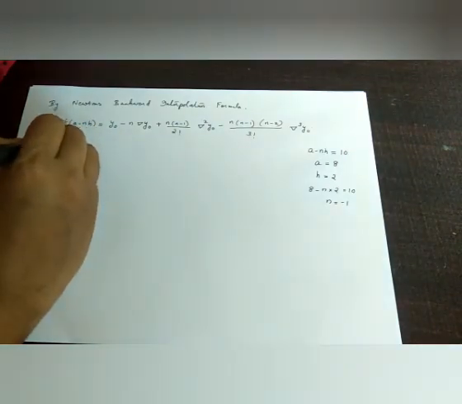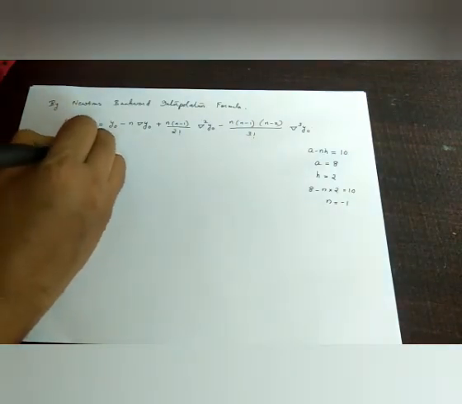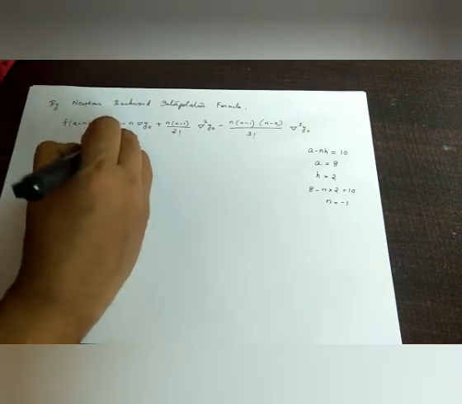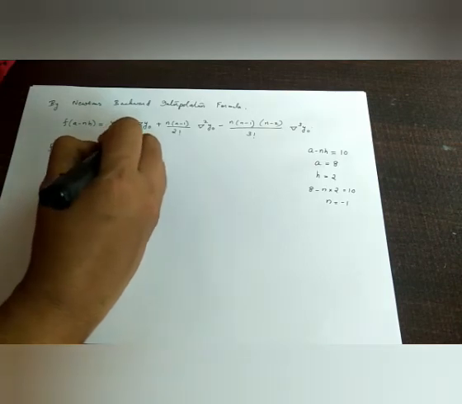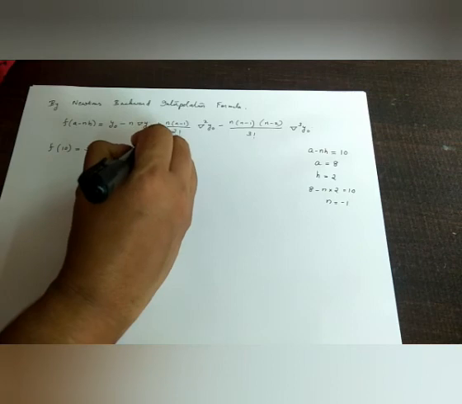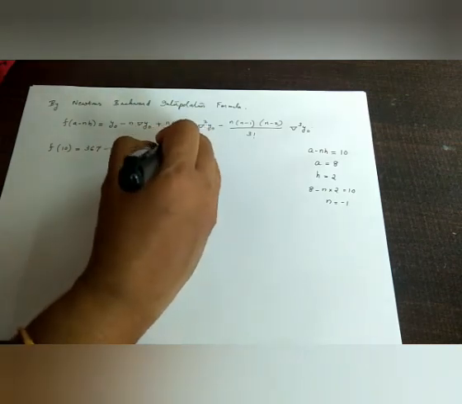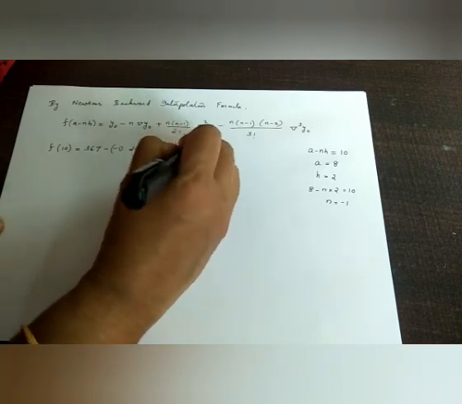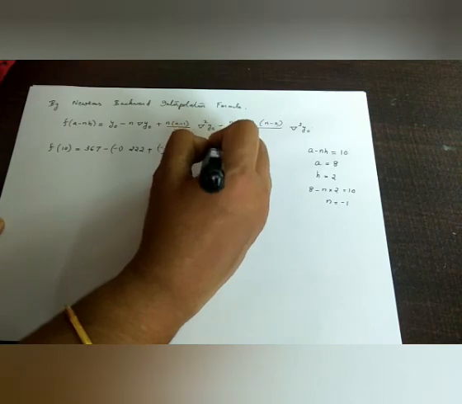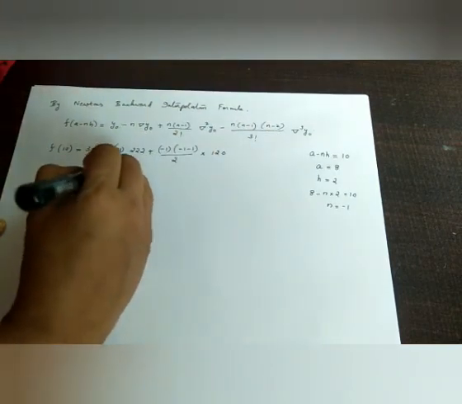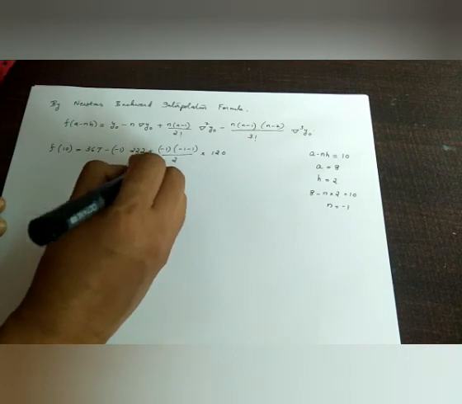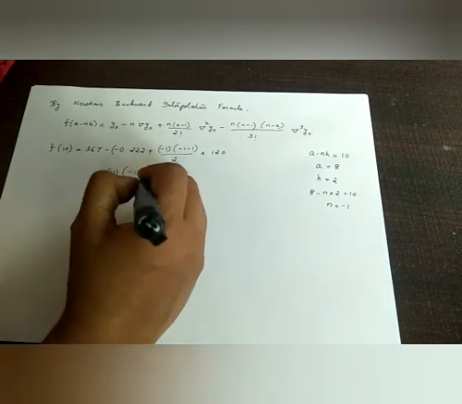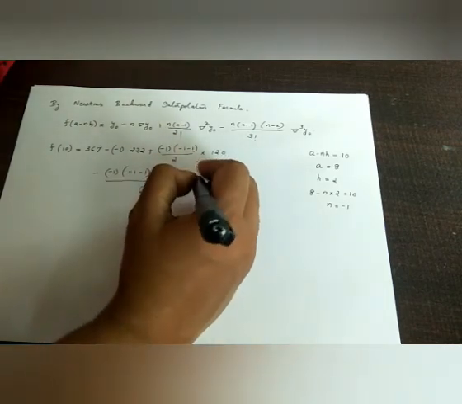Therefore substituting we have f of 10 is equal to y naught. From the table y naught is 367 minus n, n is minus 1, del y naught is 222 plus n into n minus 1, that is minus 1 into minus 1 minus 1, divided by 2 factorial is 2, del square y naught is 120, then minus minus 1 into minus 1 minus 1 into minus 1 minus 2, divided by 3 factorial is 6 into del cube y naught is 48.